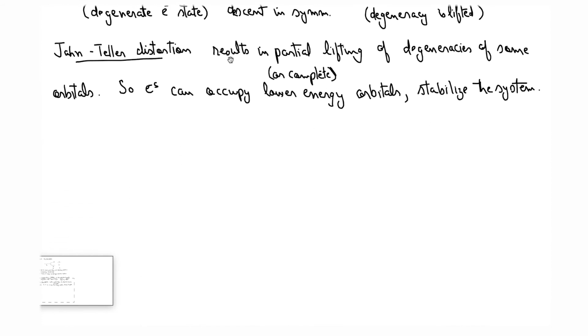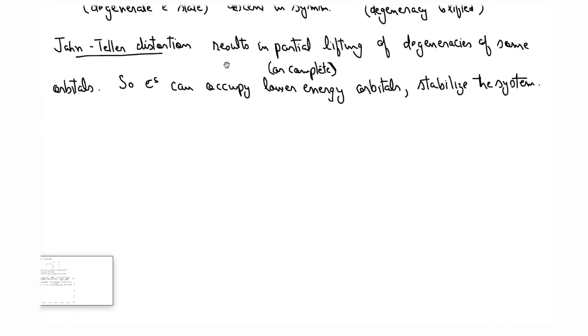This is not true for all of them, but only in certain electronic configurations where distortion is possible. So the perfect geometry for those states does not exist as a stable state, and if you want to stabilize yourself, you have to deform and go to lower symmetry.